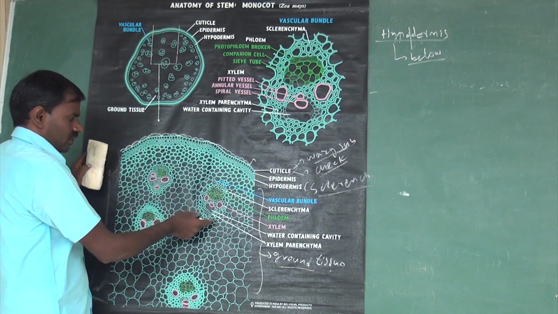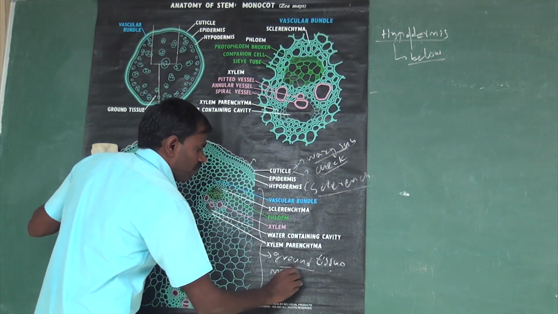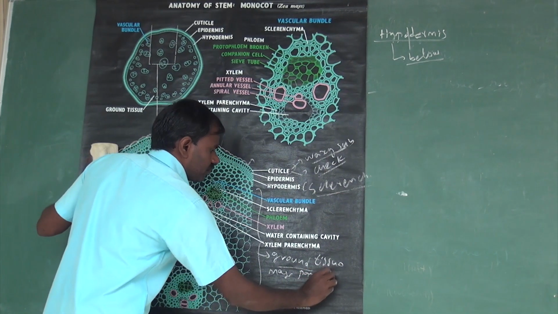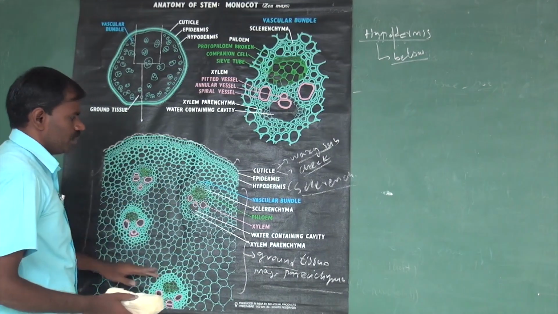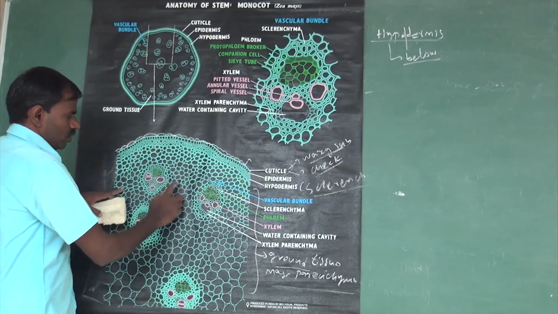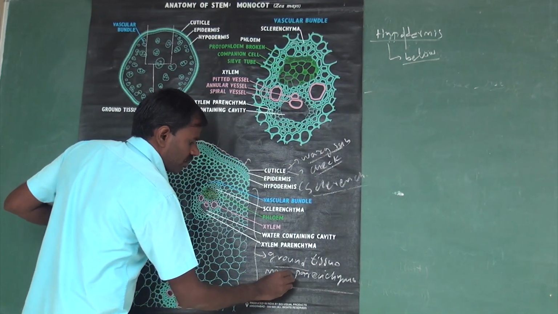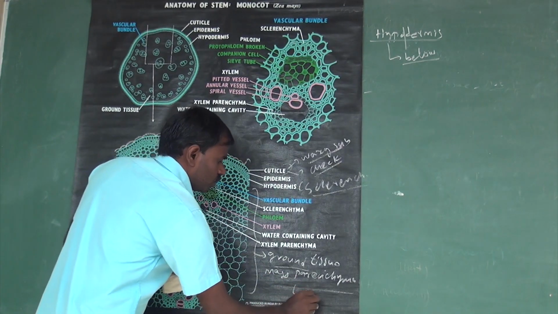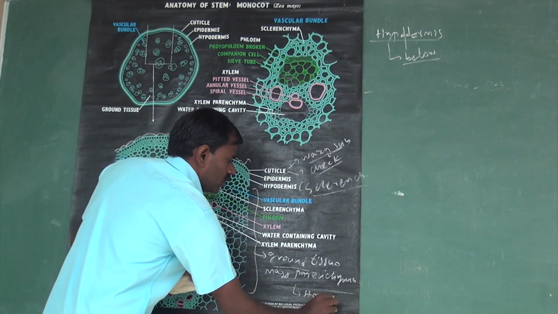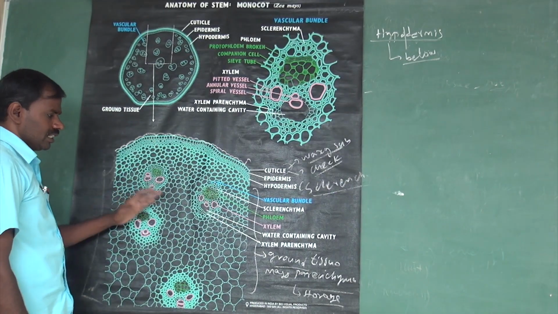The ground tissue is a homogeneous mass of parenchymatous tissue. Its important functions are storage and gaseous exchange.